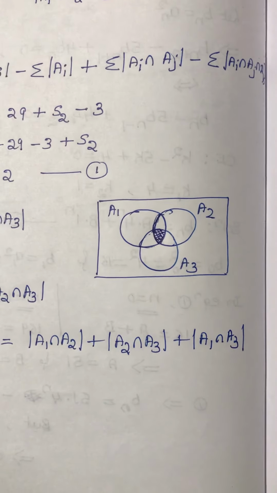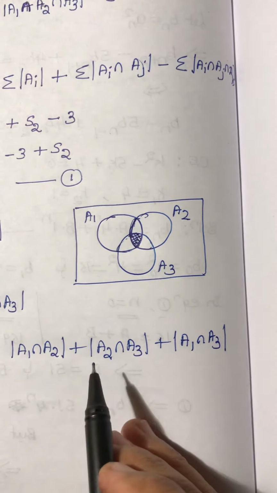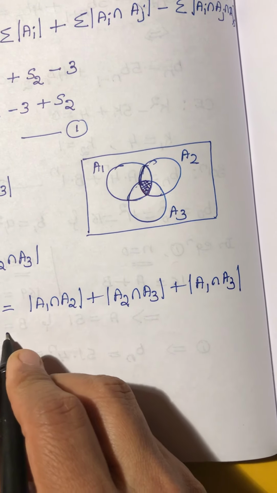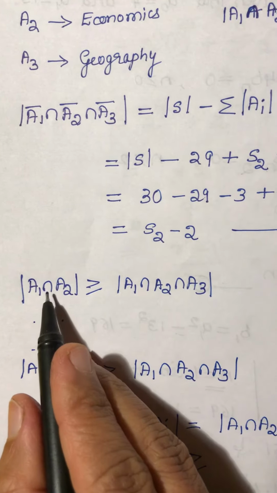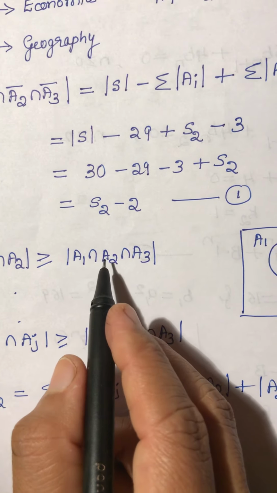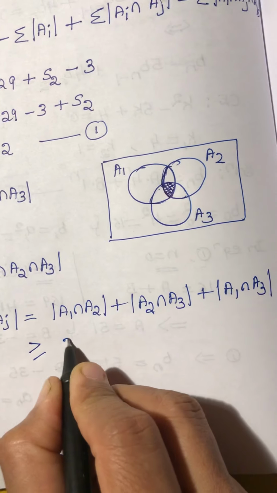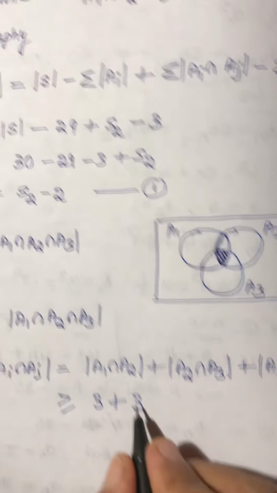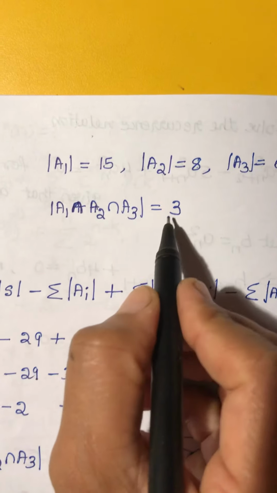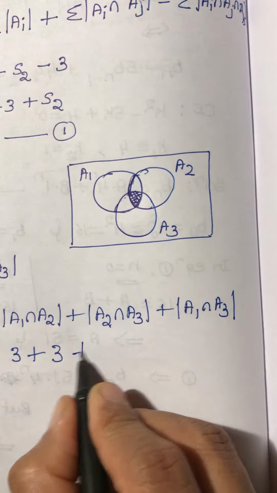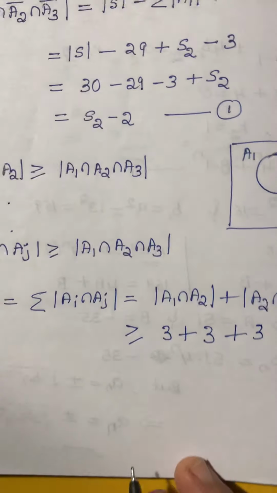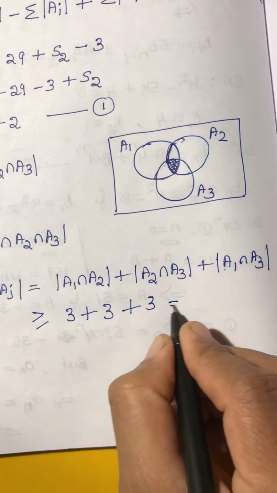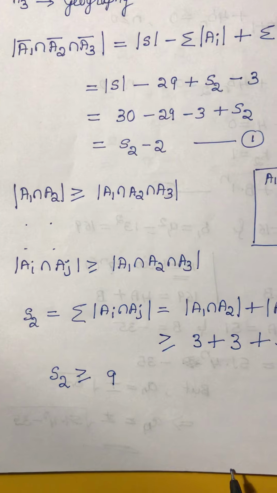In this problem we have only three sets, A1, A2, A3. This is greater than or equal to mod of A1 intersection A2 intersection A3, that means greater than or equal to 3. Plus this is also greater than or equal to 3. Why am I writing 3? Because the intersection of all the three sets is 3. Similarly, the last term is also 3. So S2 is greater than or equal to 9, that is 3 plus 3 plus 3.